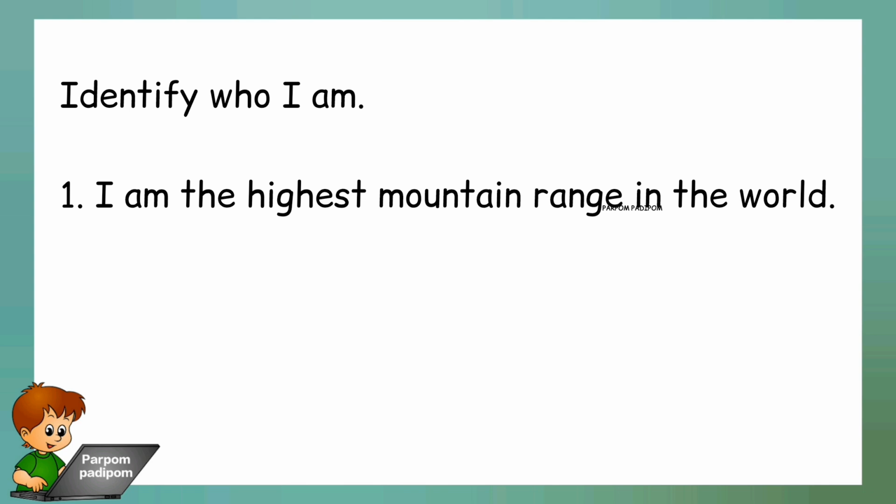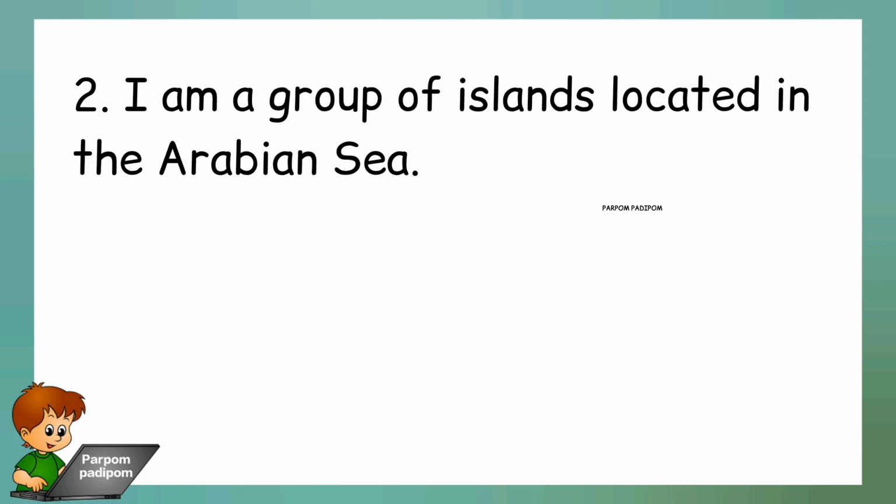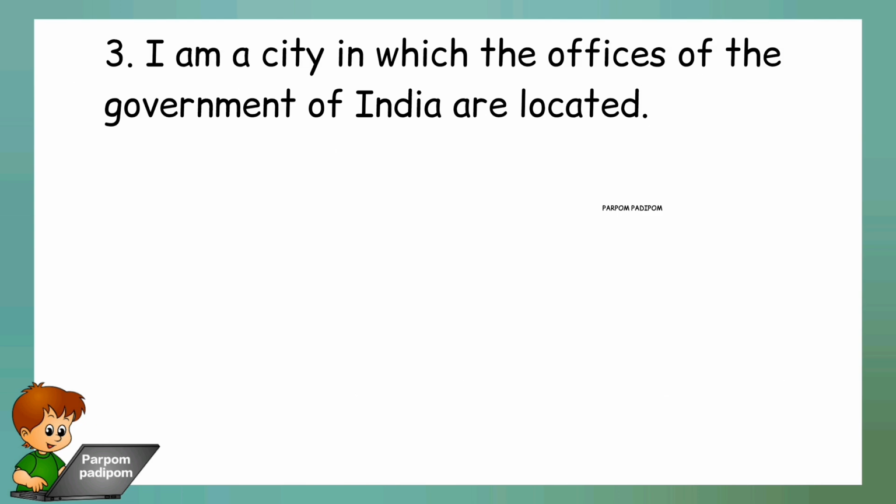Identify who I am. 1. I am the highest mountain range in the world. Himalayas. 2. I am a group of islands located in the Arabian Sea. Lakshadweep Islands. 3.